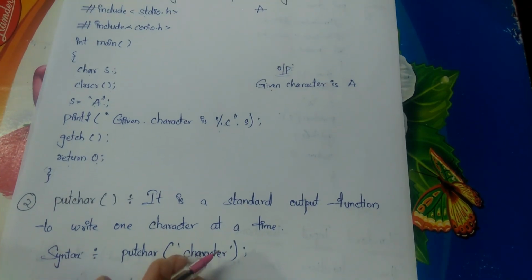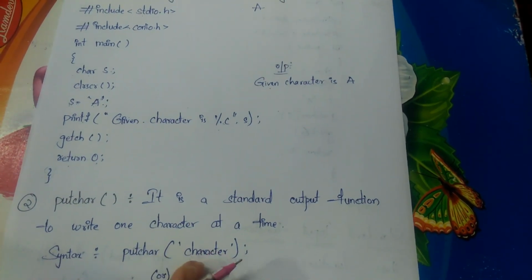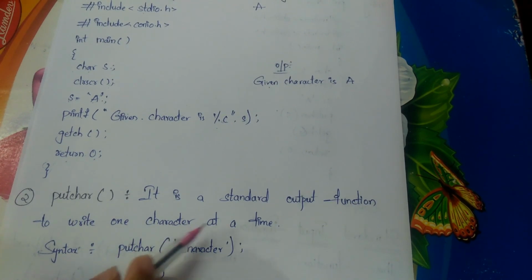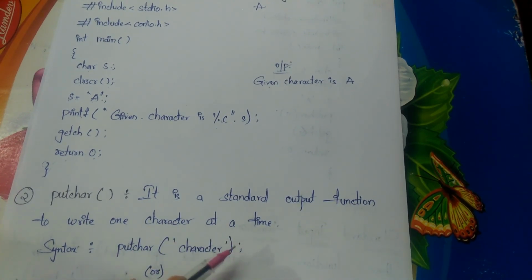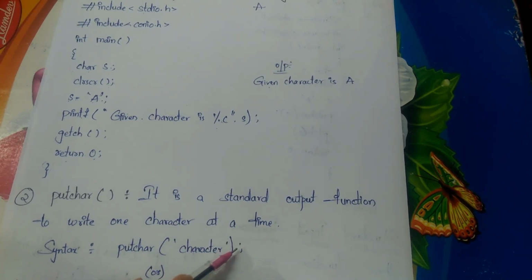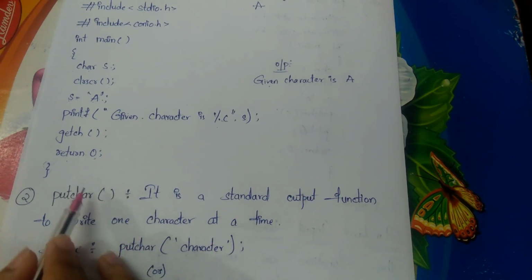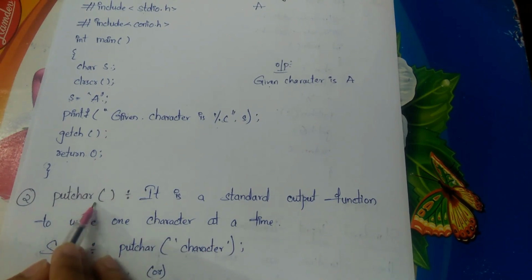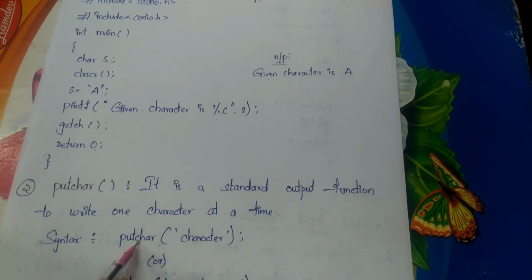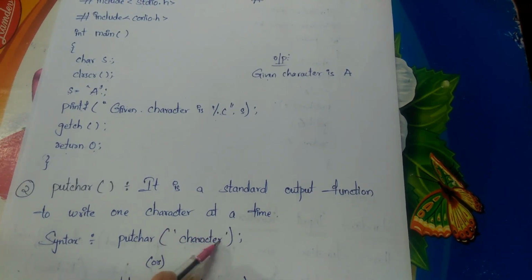Now this is about the printf. Next we have the putchar. It is a standard output function to write one character at a time. For example, if I want to write only one character at a time, then I can use the putchar. So the syntax is putchar, and within the brace, single quote and the character.